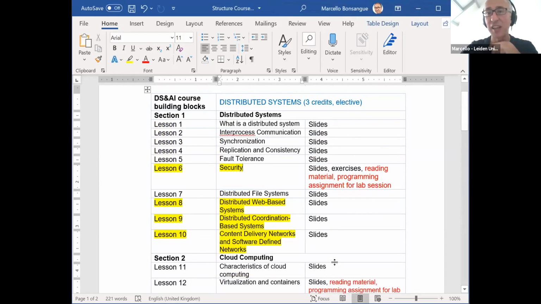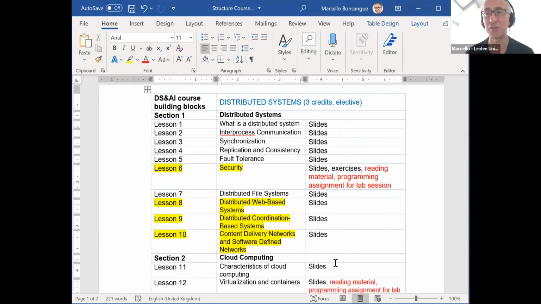We present the slides, but you have to customize them according to your own needs as a teacher or as a university, with what is expected by the students. You know what your students know already, and of course you can change things as much as you want. That's the idea. It's more just a guideline.